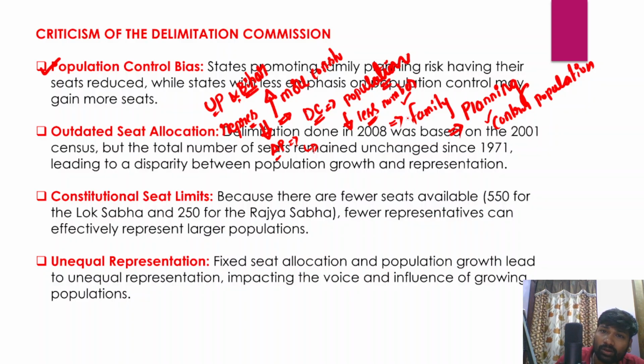So they are not taking any measures that would promote family planning and control the population, because they have understood that more population means more constituencies, and because of that particular reason they are encouraging more child births, and this will be a cause of concern, right? So this is one problem or one criticism that the delimitation commission has been facing.